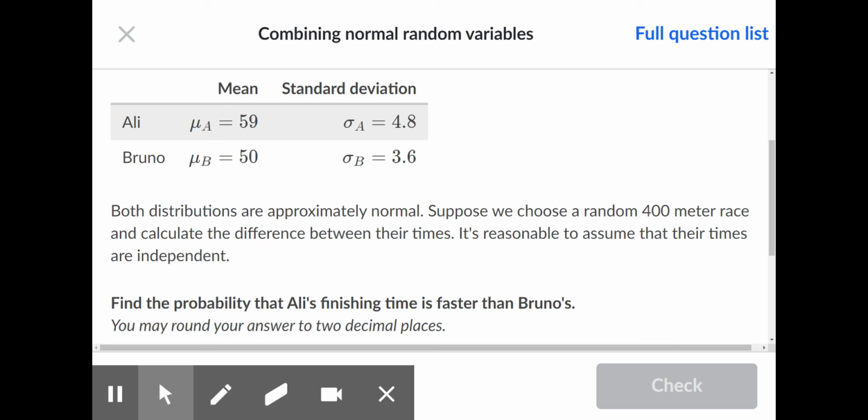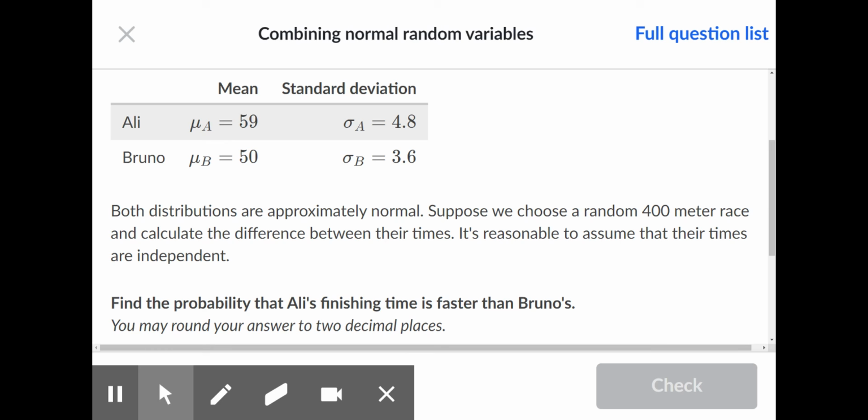Now we need to find the standard deviation of D, which is the square root of the square of 4.8 plus the square of 3.6. Okay? If I do this on my calculator, 4.8 squared plus 3.6 squared, oh, 6. How convenient. So the standard deviation is 6.